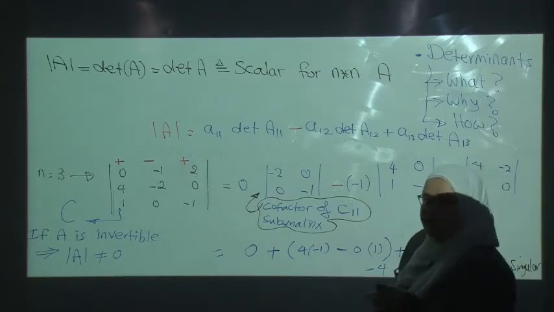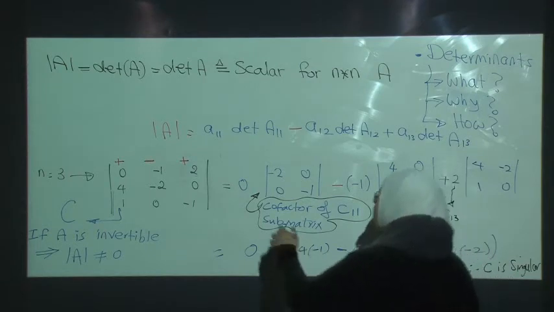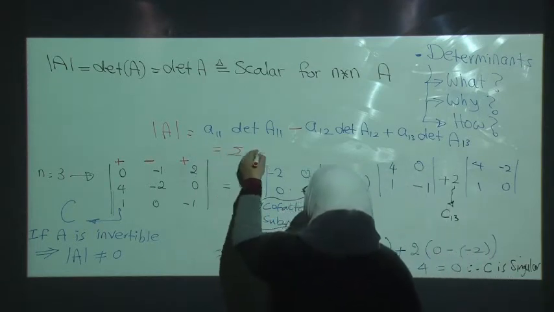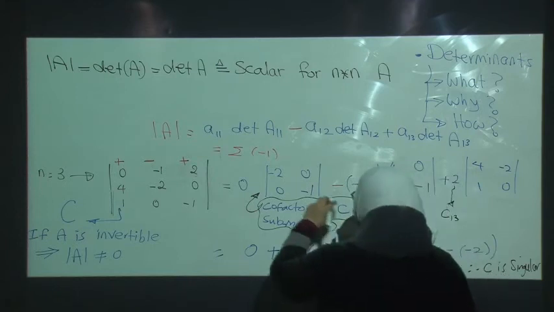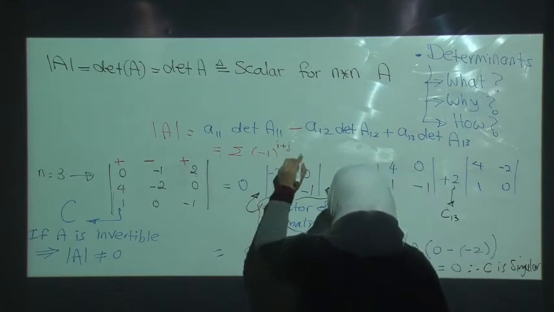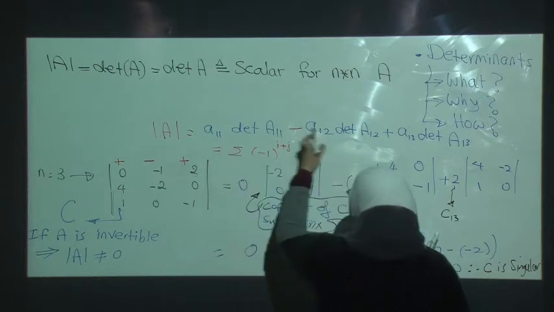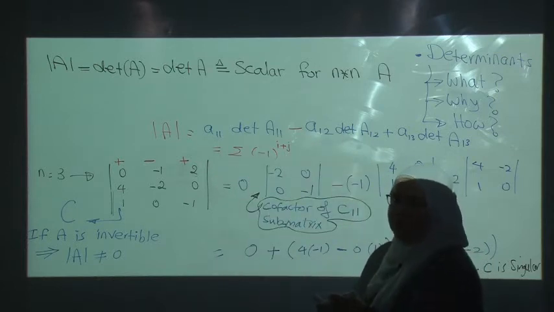Actually, if we look for the definition, we will find that it starts with -1 to the power of the indices, with the sum of, because it's the summation of different products.